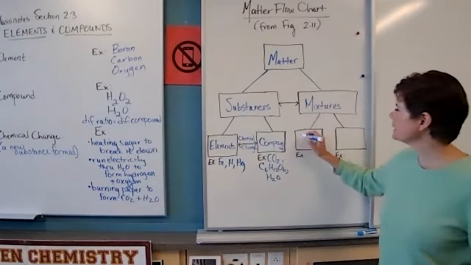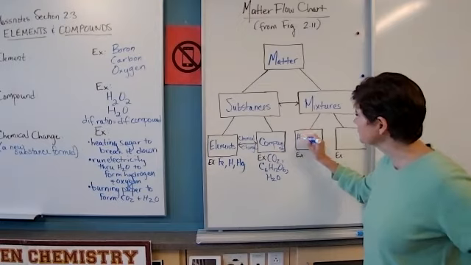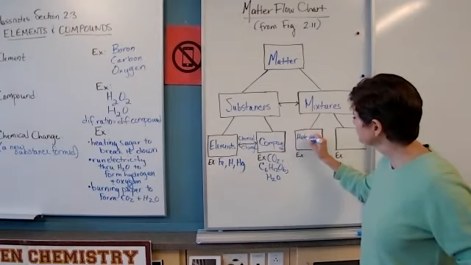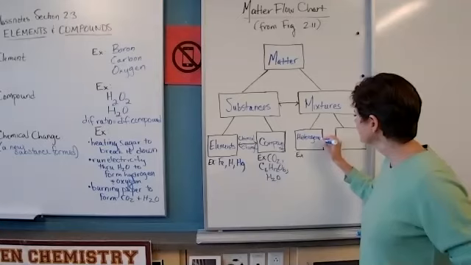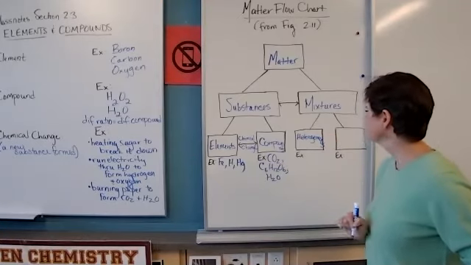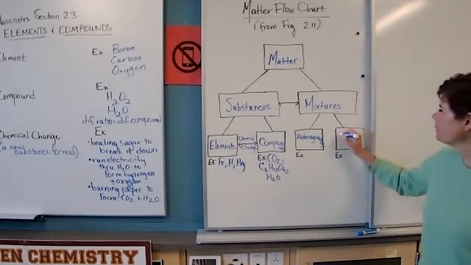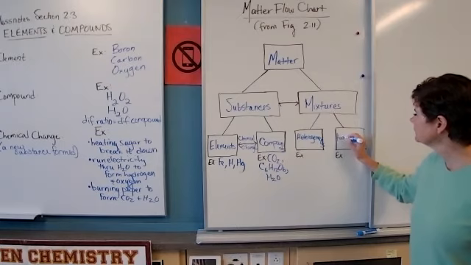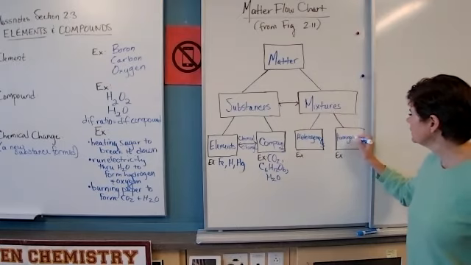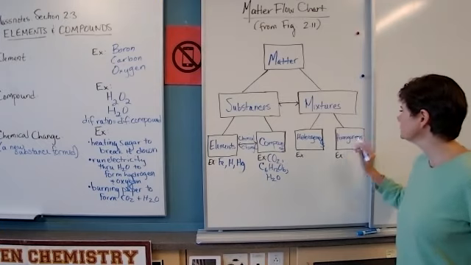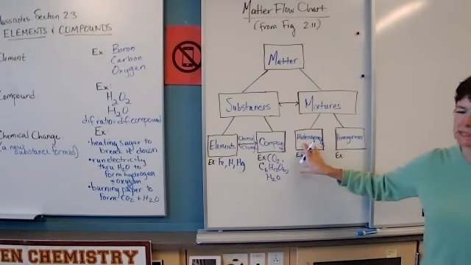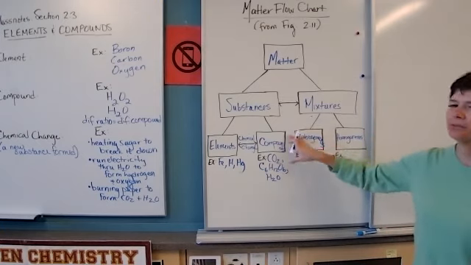On the other side, we've got mixtures, which can be heterogeneous mixtures and homogeneous mixtures. Just to remind you, heterogeneous means two or more phases, and it is not uniform throughout.